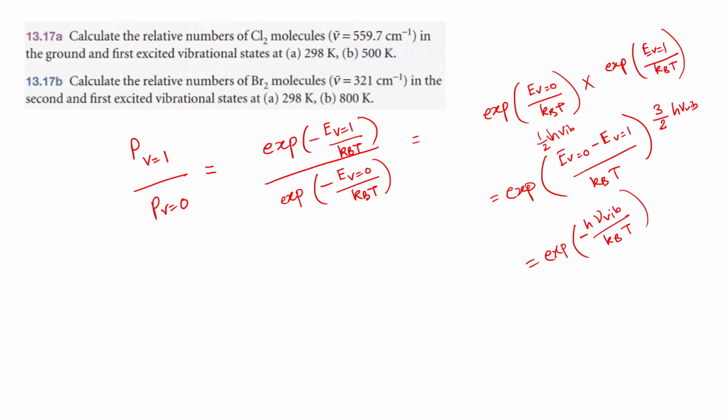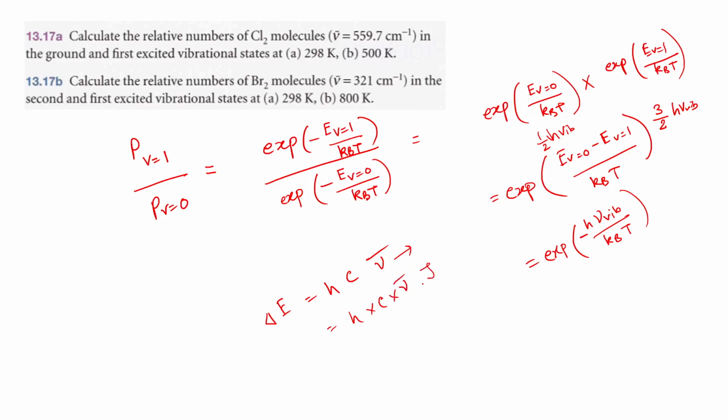So what are the things we have? We have new bar. So delta E is h c nu bar. You know the Planck constant, you know the speed of light, and nu bar is given.